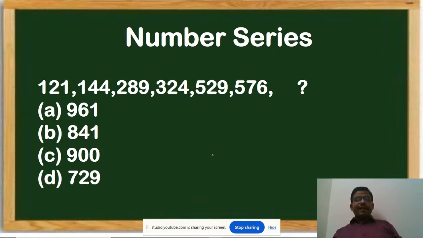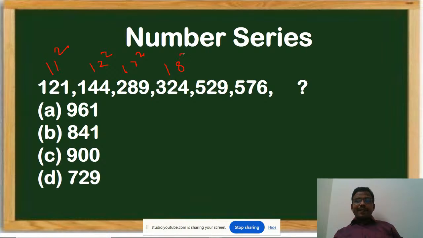It seems all are squares. Everyone should pronounce it. So 121 is which square? 11 square. 144 is the 12 square. 289 is the 17 square. 324 is the 18 square. Please repeat with me, everyone.